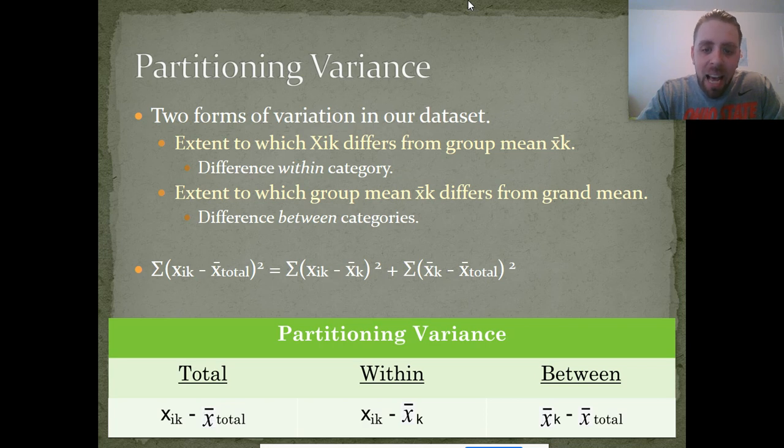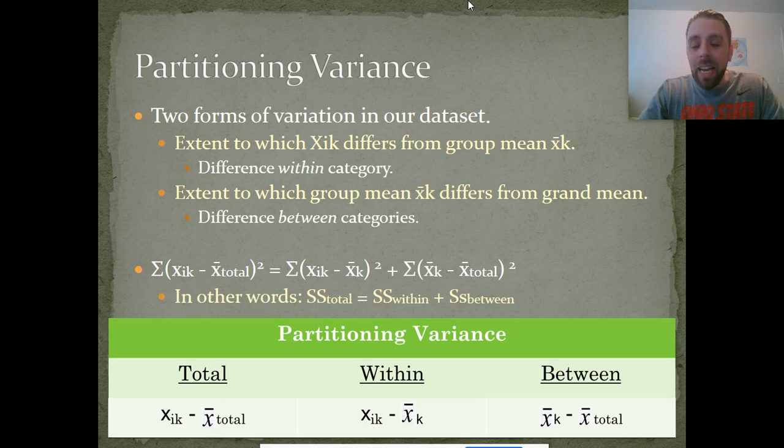We can then add that to the summation of X bar k, that is the group mean minus the grand mean squared, once again to get rid of the negatives. You add those two together, and that's the total variation in the data set, partitioned into within group variation and between group variation.